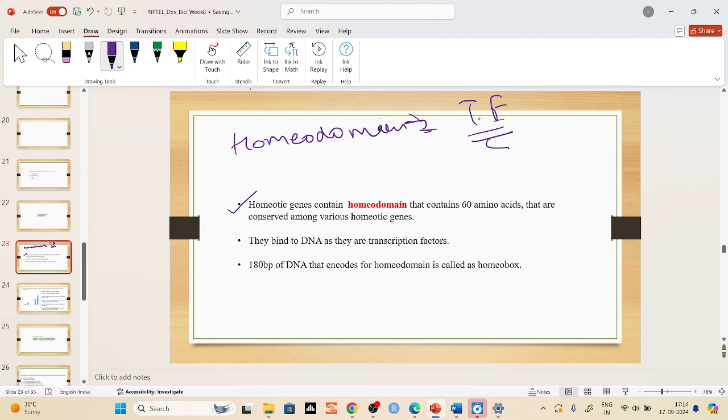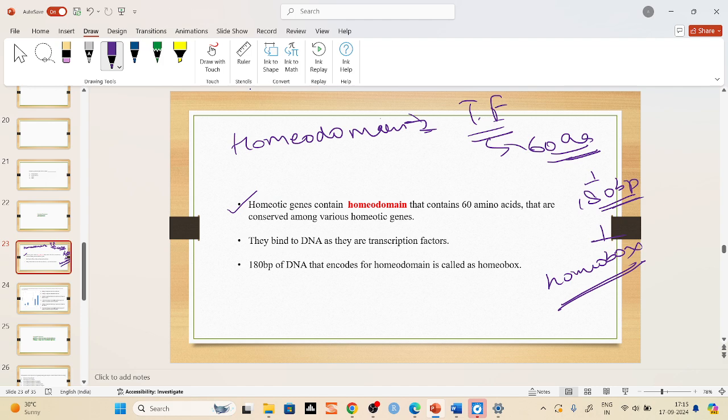That means they are proteins which consist of 60 amino acids, and this is coded by a region of DNA which is approximately 180 base pairs, which is known as the homeo box. So this homeodomain is coded by a 180 base pair region of DNA, which is known as the homeo box.